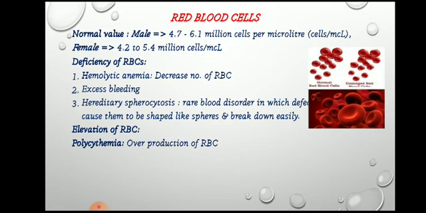If there is a deficiency of RBCs, it might be due to problems or diseases like hemolytic anemia, which is a decreased number of RBCs in the blood.